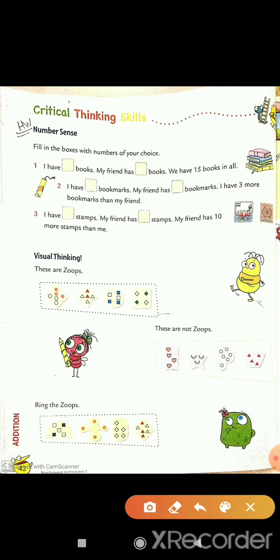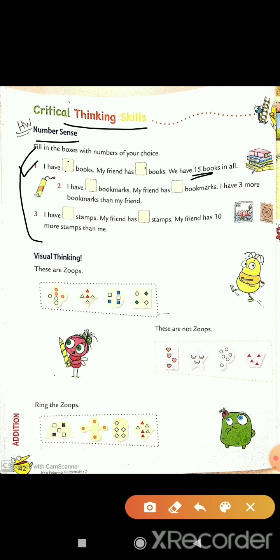Moving further, critical thinking skills, number sense. Students, this is your homework. You have to fill in the boxes with numbers of your choice. Like, I have dash books, my friend has dash books, we have 15 books in all. So here you have to write two numbers which make 15 when added.